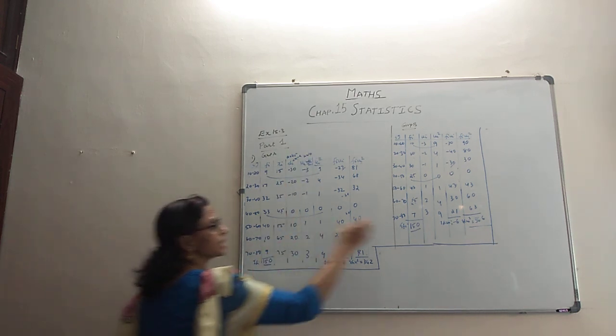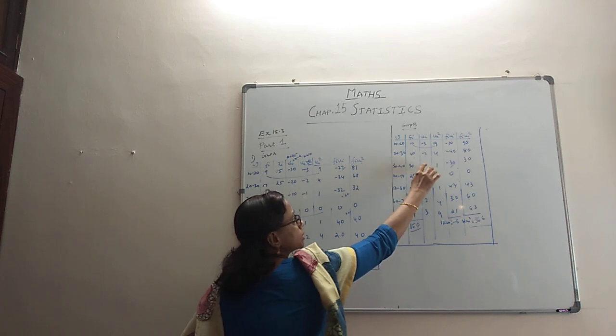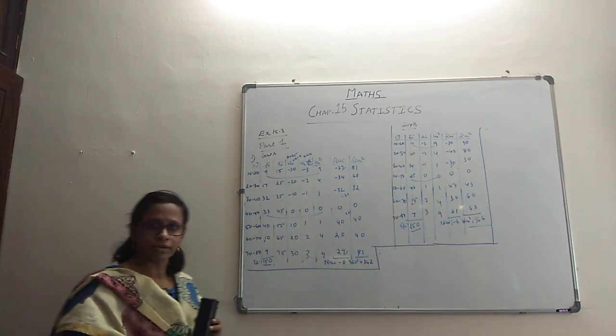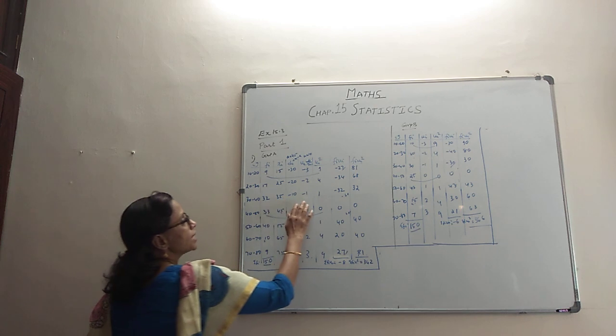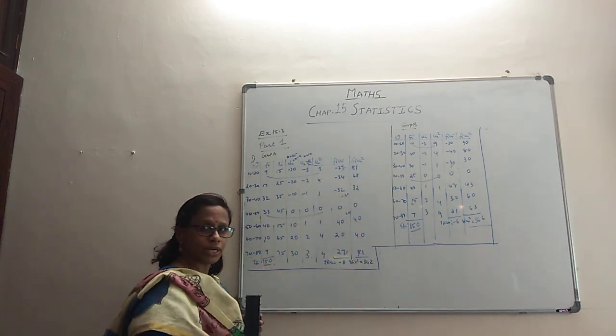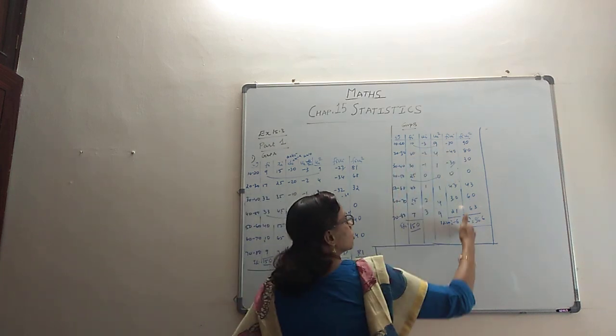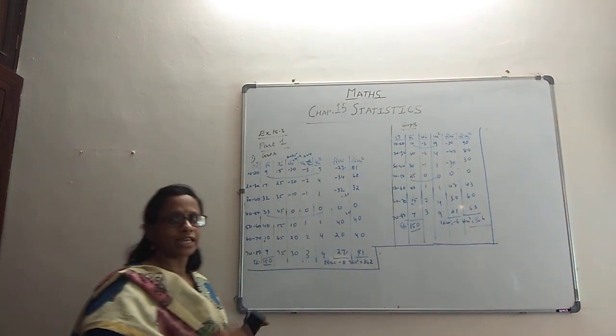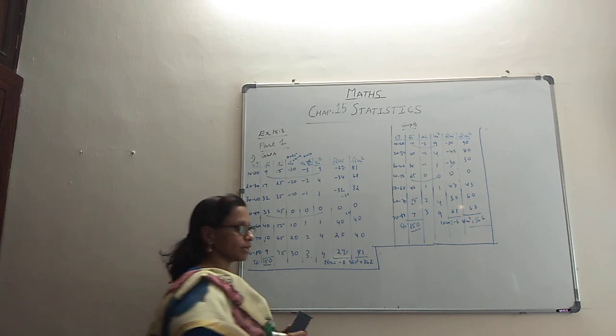Because the same data is carried forward here, we don't have to do all that. Directly ui and ui squared we can take. From these you get the fi ui column and the fi ui squared column. Okay, with this let's go on to calculate the other things.